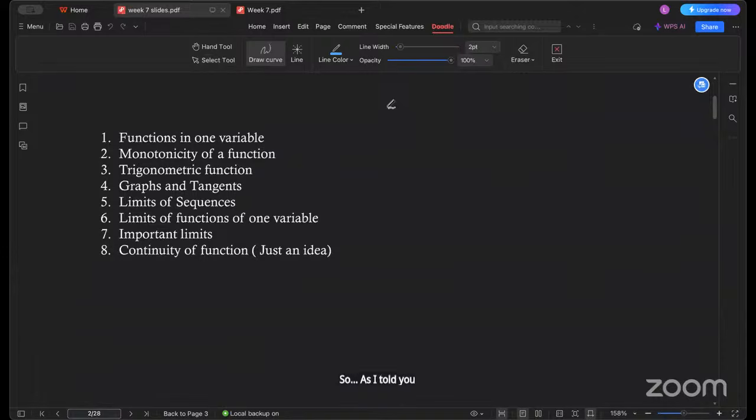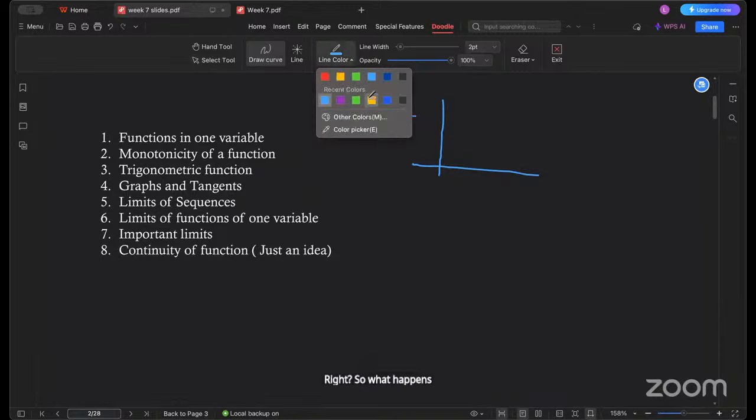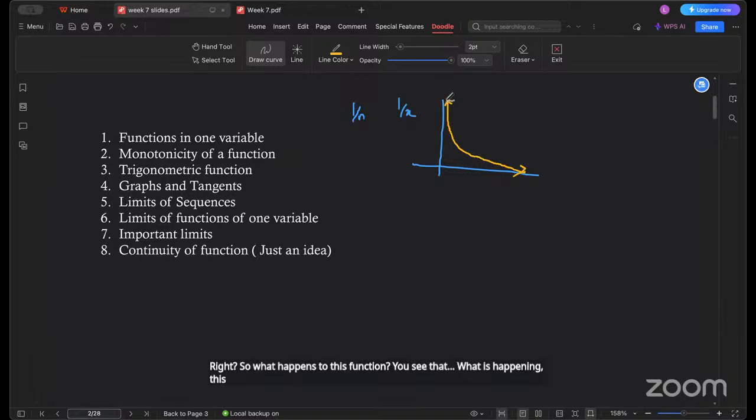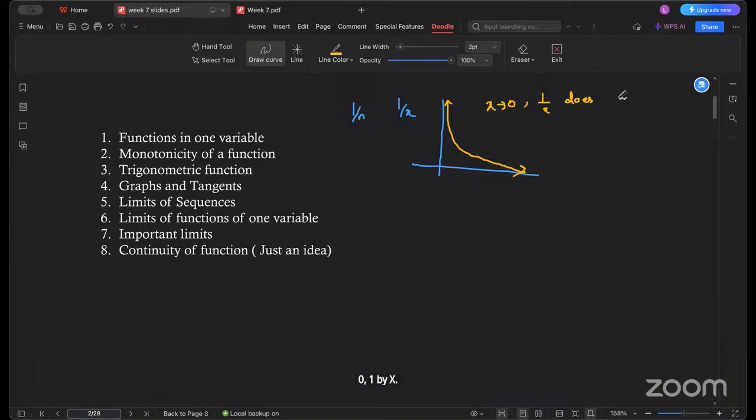The first example I told is 1 by n or 1 by x. This function, as x goes to infinity, is not approaching any single value. So the function as x goes to 0, 1 by x does not converge. So this is one scenario.